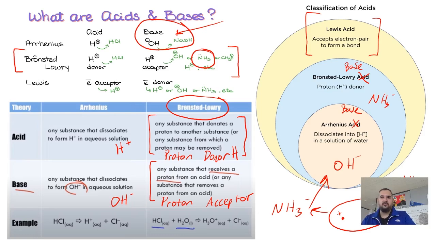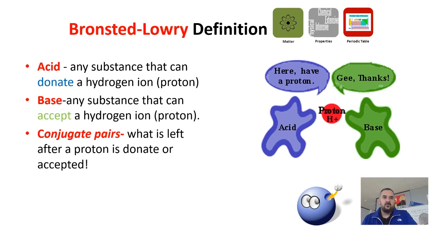All right, let's move on. What is an acid? We should have already written this down. An acid is a proton donor. And then what is a base? It's a proton acceptor.